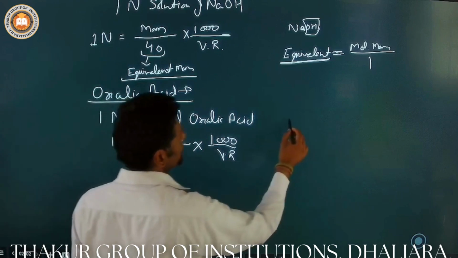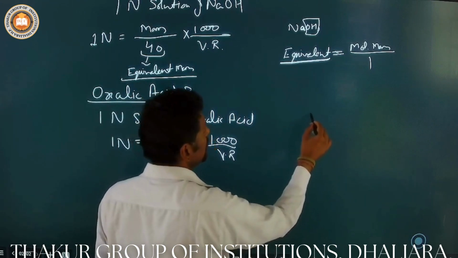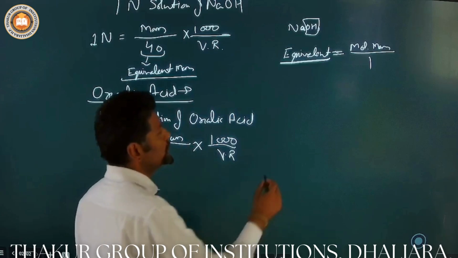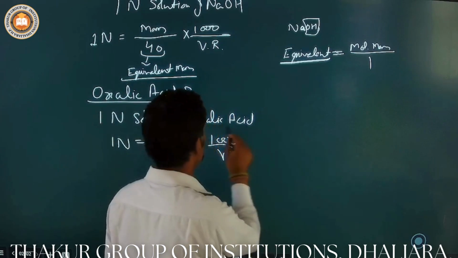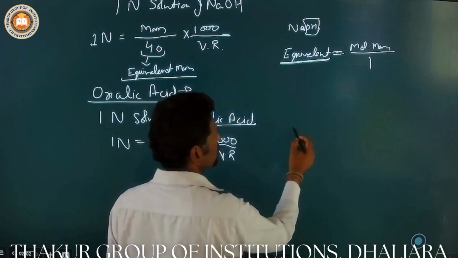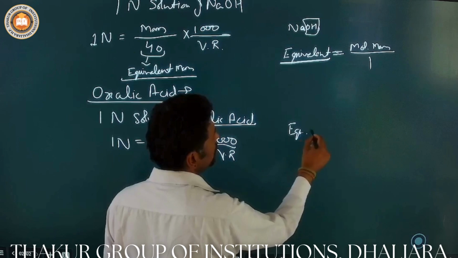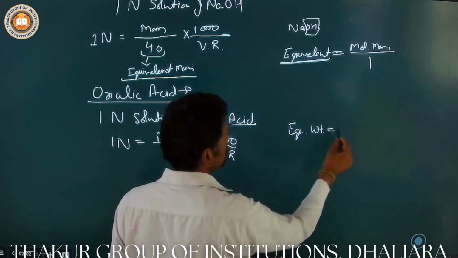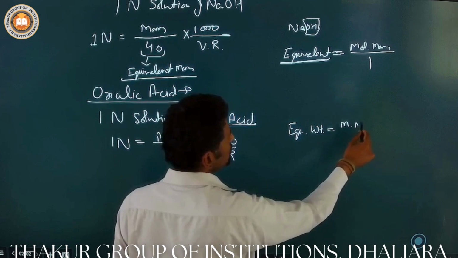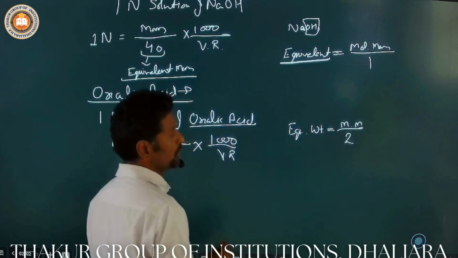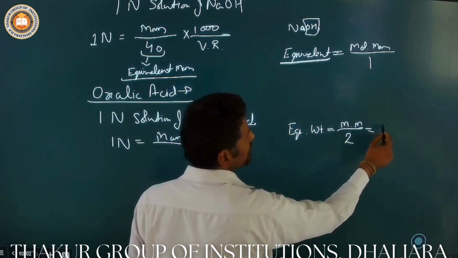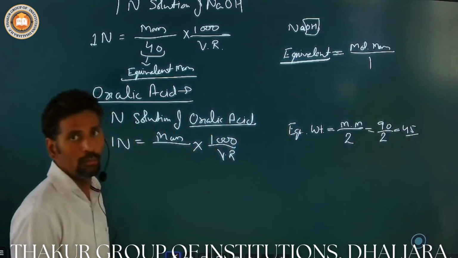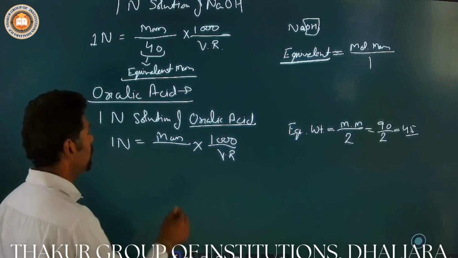In the case of oxalic acid, as there are two hydrogen ions in the molecule, the acidity or basicity for oxalic acid is 2. So equivalent weight or mass for oxalic acid will become equal to molecular mass upon 2. As we know that the molecular mass of oxalic acid is 90, its equivalent mass or weight comes out to be 45.